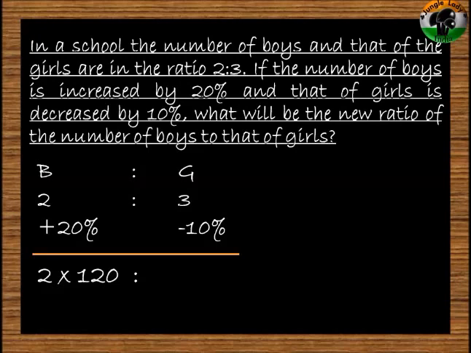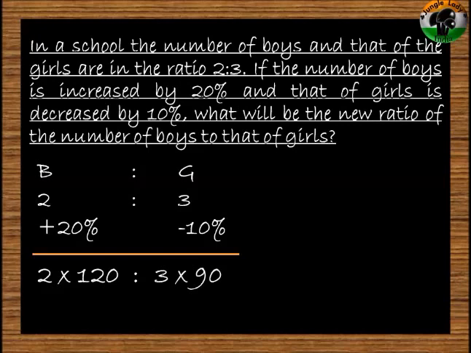If you are going to increase by 30%, make it as 130, like this. Now for girls, write the old ratio value, which is 3 into, here what should I write? Here it is minus 10%, so write it like have 100 as the fixed value for percentage and subtract 10 from 100. So obviously you will be getting 3 into 90.